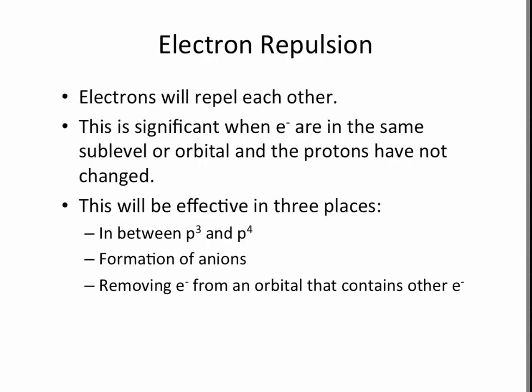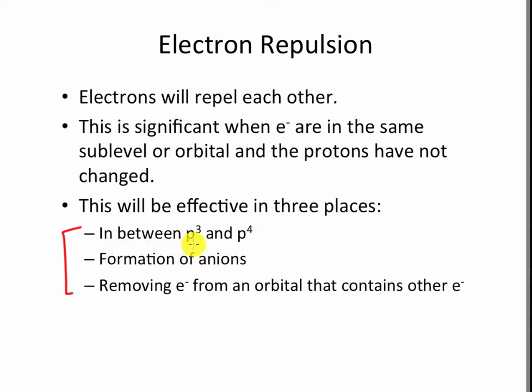Okay. All right. So let's take a look at electron repulsion. Again, this is when we have electrons in the same orbital, same energy level. The electrons are going to start repelling each other. Here are the three places, only these three places, guys. You never, ever will you mention electron repulsion in any other case.